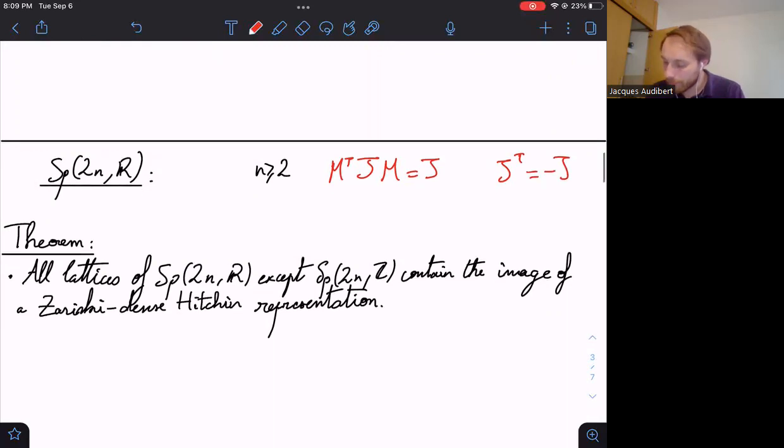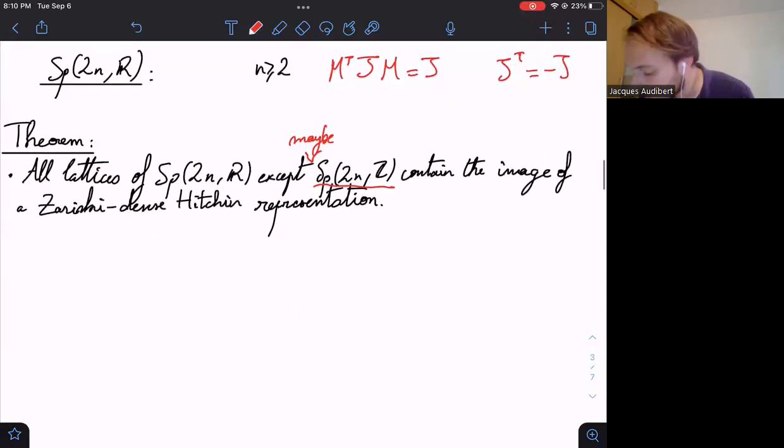Then we can show that all lattices of SP2NR except SP2NZ contain the image of a Zariski dense Hitchin representation. I'm not saying that SP2NZ does not contain one, I'm just saying that I don't know. But for all the others, they contain the image of a Zariski dense Hitchin representation.